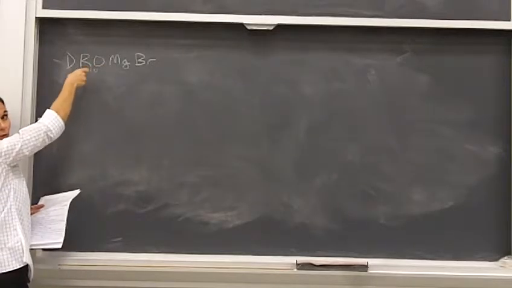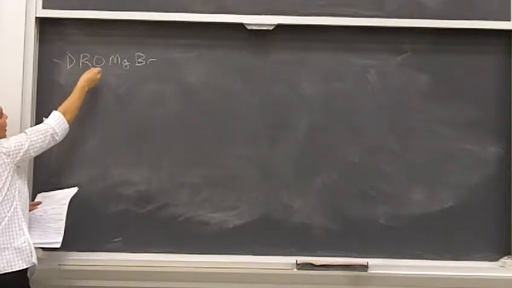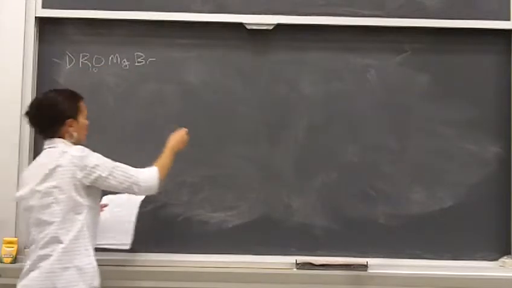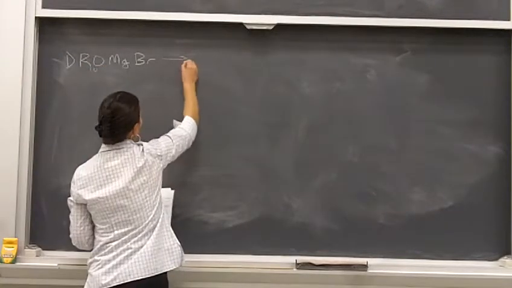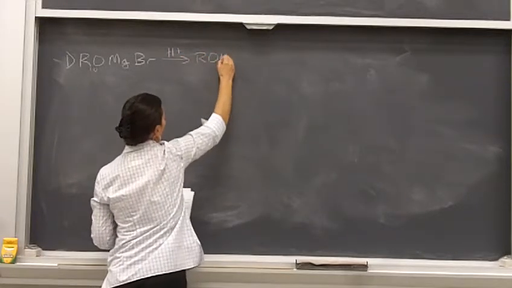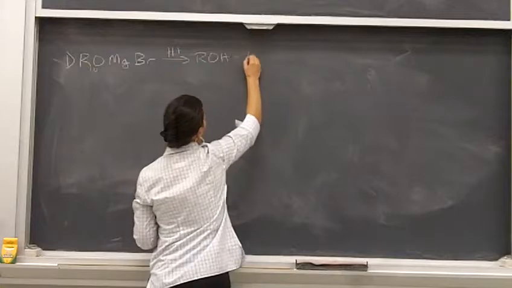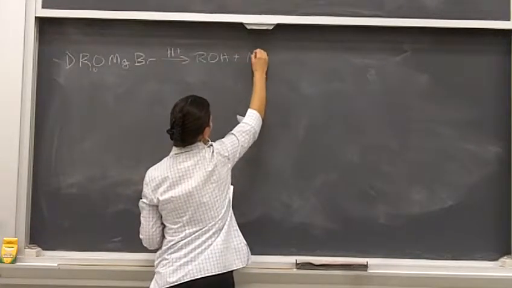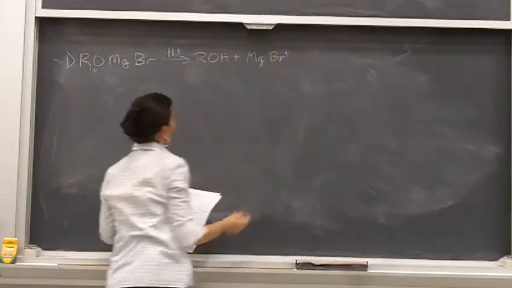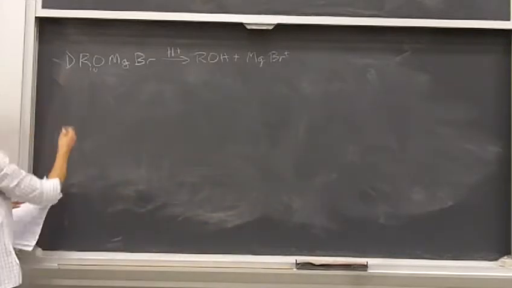So this is our whole alkyl alkoxy magnesium bromide. When we react that with the acid, we get the alcohol that we want out, and then we get some magnesium bromide salt floating around in it. Okay, so this we want.